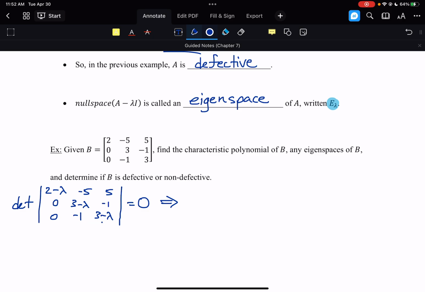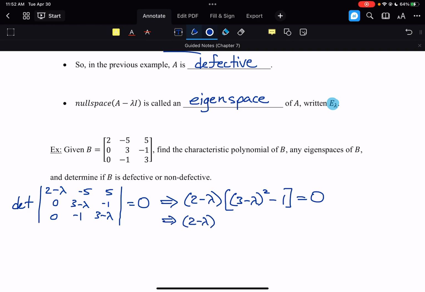Again, a cofactor expansion is probably in order here because you've got a column with all zeros except the first one. So we get a 2 minus lambda times that 2 by 2. So that's 3 minus lambda squared minus 1 equals 0.